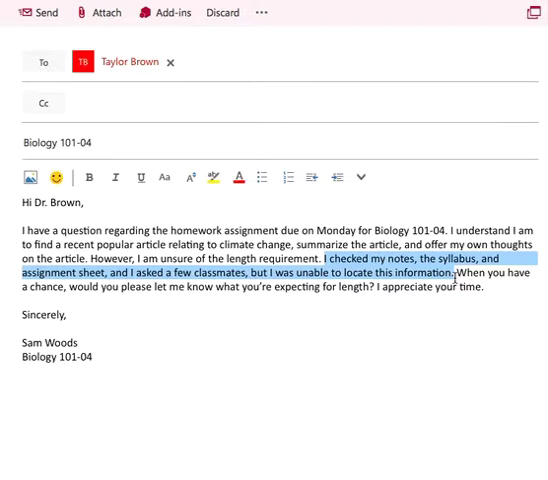Another unique feature of this email is the way the writer describes his location as a student. He recognizes the professor probably teaches several courses, so he states the class and section he is taking just in case the professor teaches multiple sections of the same course. So we see that here, and again in the closing.